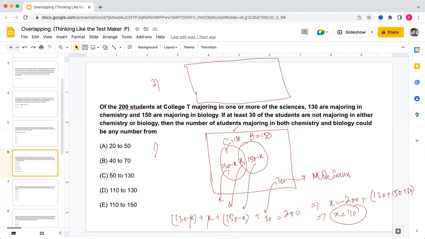That is possible when all of the students who are enrolled in chemistry are also enrolled in biology. That means if this is for biology, which is 150, all of the students enrolled in chemistry are also enrolled in biology. Those are 130. So this is our scenario, and neither will be 20, which is the maximum case for neither as well.